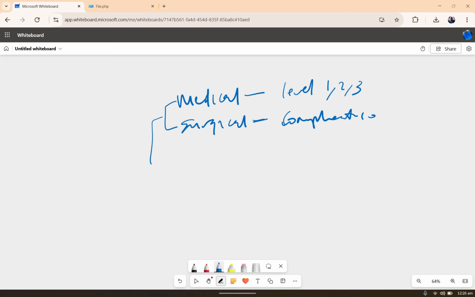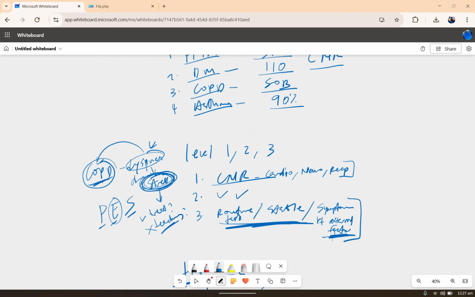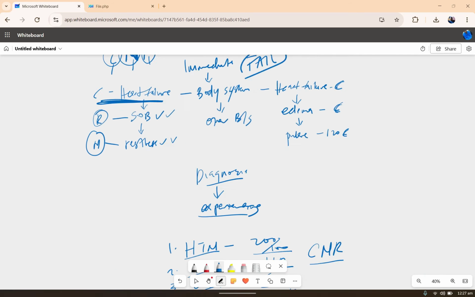Now, these two can have what we call intervention or sign and symptom. For the sign and symptom, I group it right to the CNR. For my intervention, I ask, is there a problem with the setting intervention? So, with that being said, let's go answer the question.